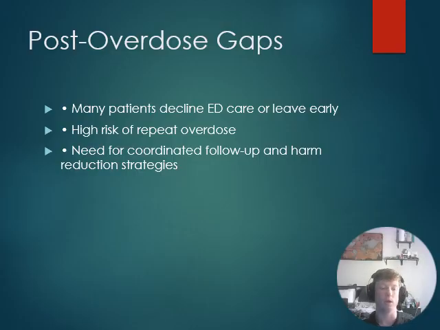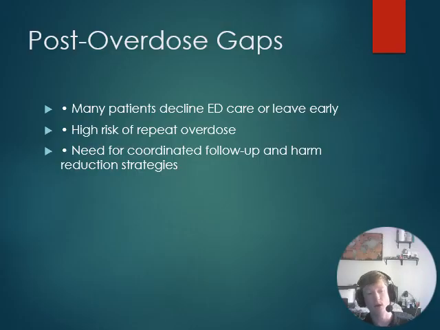Which leads into the next point: a high risk of repeat overdoses. Those of us within EMS probably know at least one individual who overdoses just about every week, which is really sad. But unfortunately, that is a fact of life when you start using narcotics. It is extremely hard to kick them and get clean because of how damaging and addictive they are within the body.